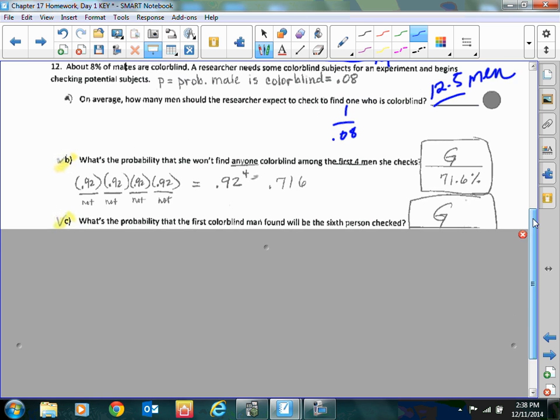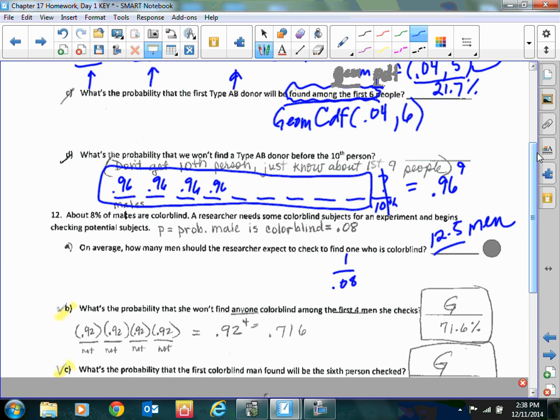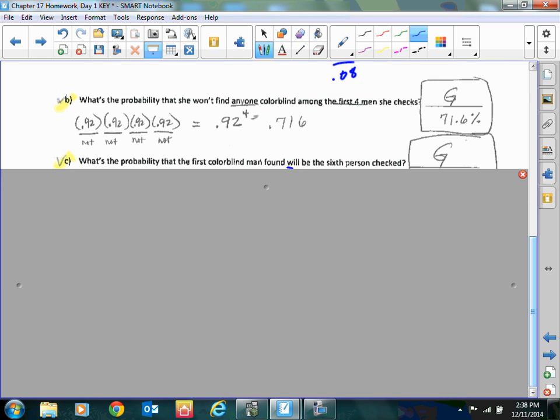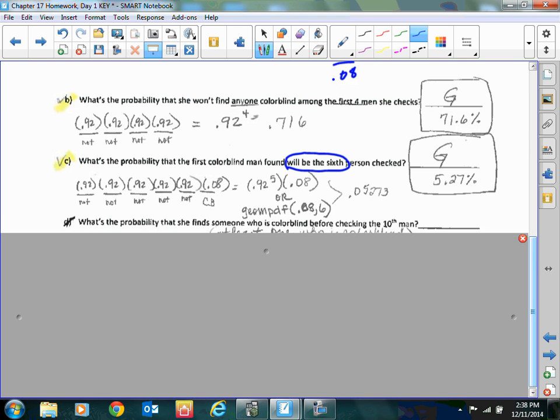Do you see the difference between among the first 6 means anywhere and exactly the 6th? That's why you get cumulative. This one says is the 6th person, so that means it's only that case right there. It's geometric PDF.